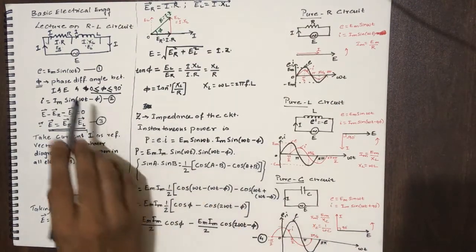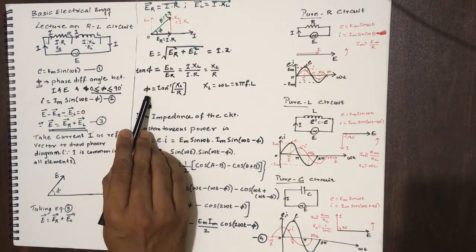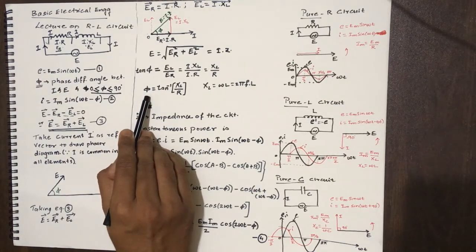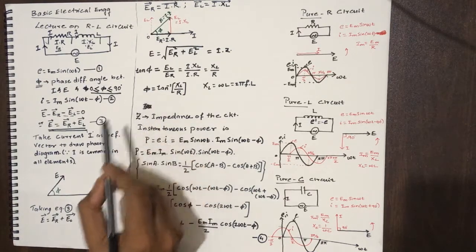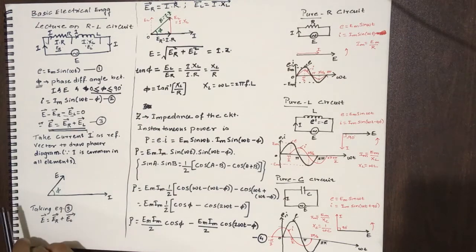Therefore, for a given value of R and L, the phase angle between voltage and current will remain constant.